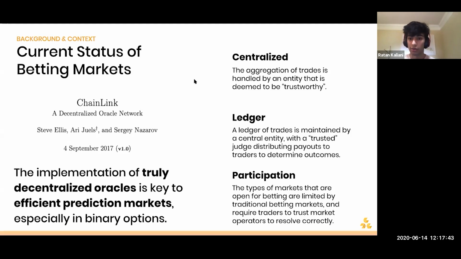So in traditional markets, what we see is a centralized set of entities determining the outcomes of the prediction markets. The outcomes aren't resolved by the users on the platform. Instead, they're resolved by these central entities. Additionally, the ledger is also responsible for distributing the payouts to traders. So there's a lot of secrecy behind how those outcomes are distributed, and a significant amount of fees are taken away from bettors by the operation of that central betting authority.